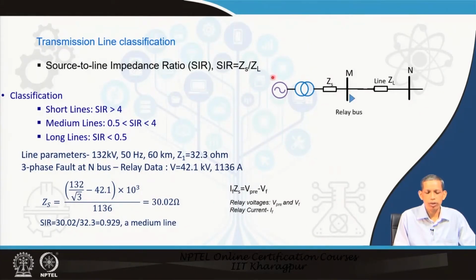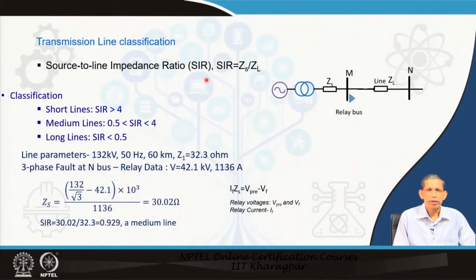Behind this there is an equivalent source which is feeding this line, maybe transformer, generator and combination of transmission line and so on. So, this is an equivalent system which provides us an impedance of ZS, and the concerned transmission line is having an impedance of ZL.